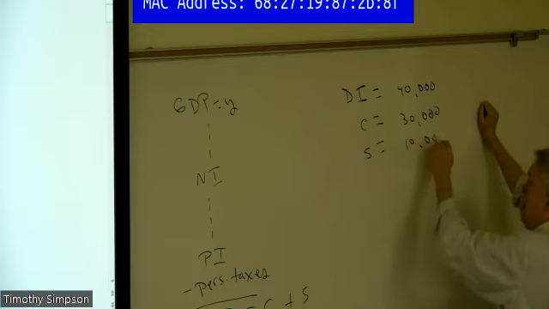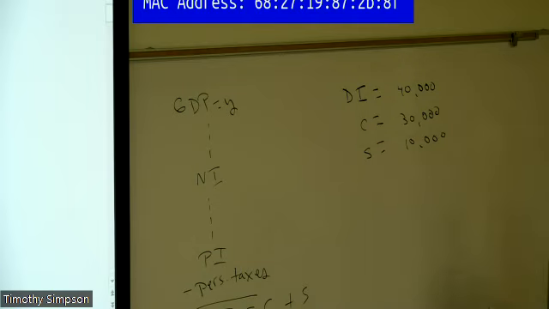It has to be, right? The one has to equal the other. So 30,000 plus 10,000 must equal 40,000. In other words, if you take 100% of disposable income in and 75% is consumed, then 25% must be channeled towards savings.